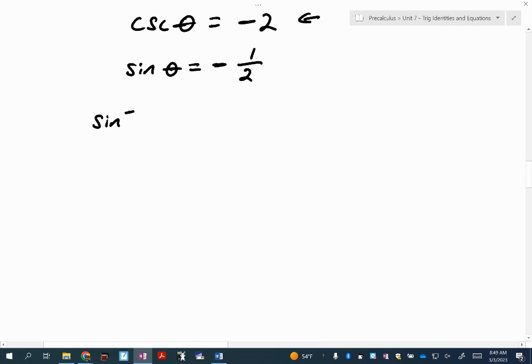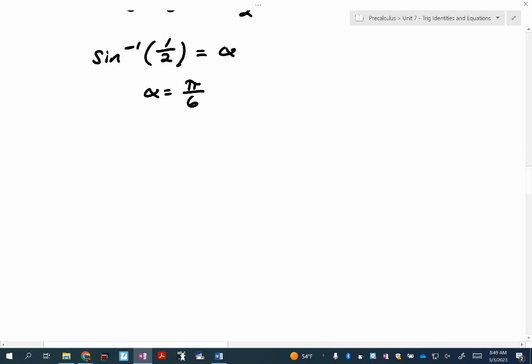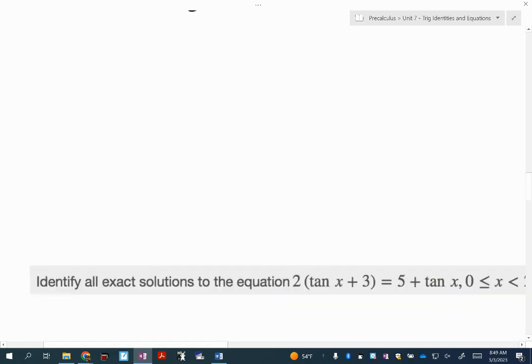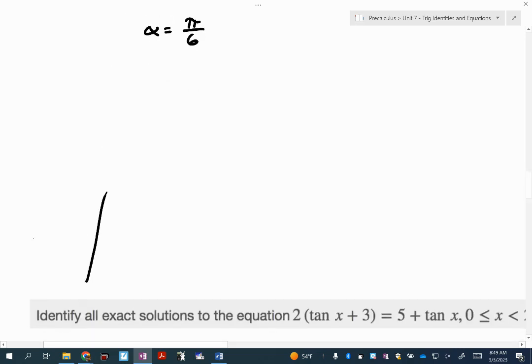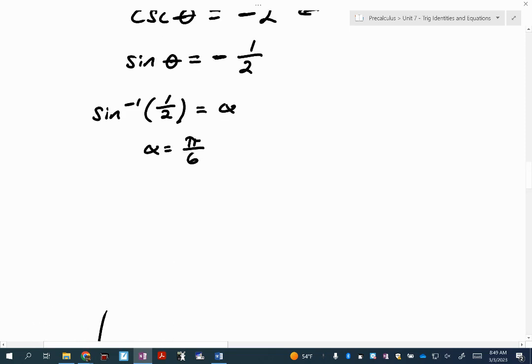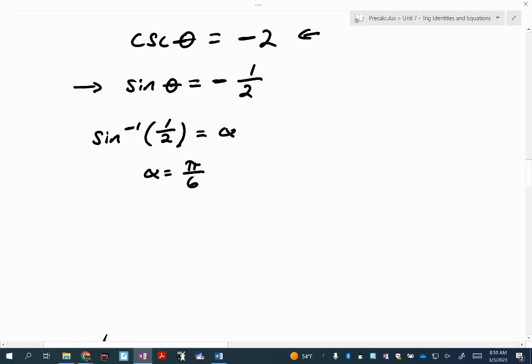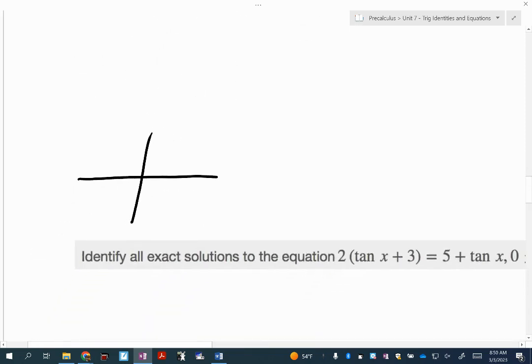So I have sine to the negative first power. Again, I drop the negative to find the reference angle. The reference angle is pi over 6. And I'm trying to find, on my quadrants, where is sine going to be negative? And just like before, sine is going to be negative in the third quadrant and the fourth quadrant.